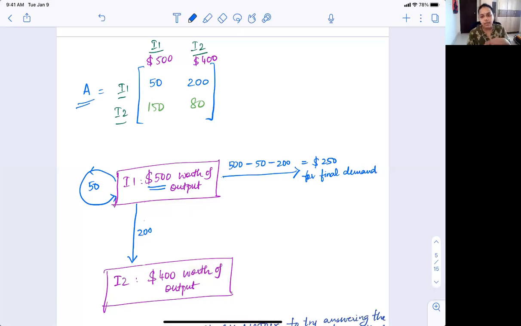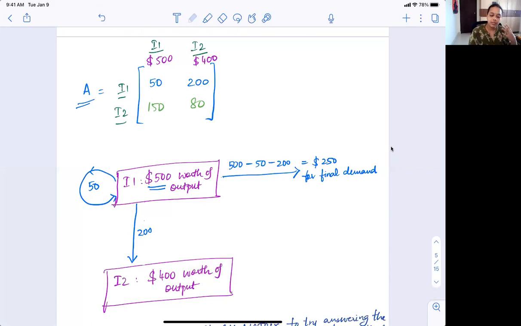This could be $250 worth of output going out as sales that the households can then purchase. So that $250 worth of output from I1 now goes towards final demand.